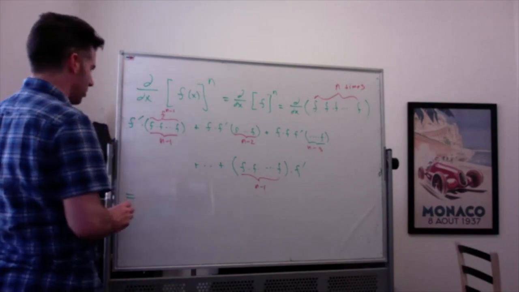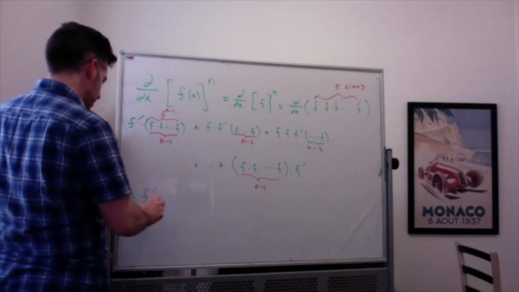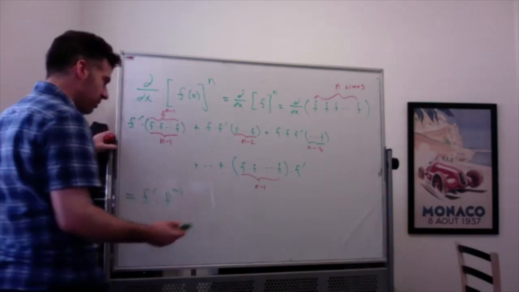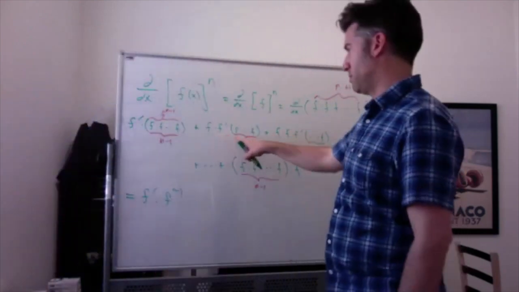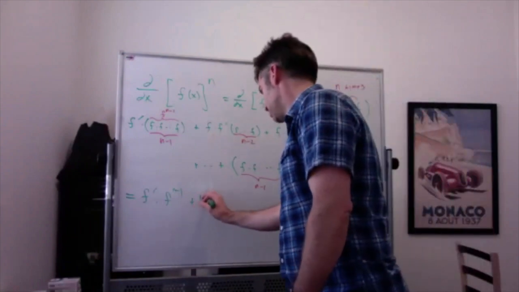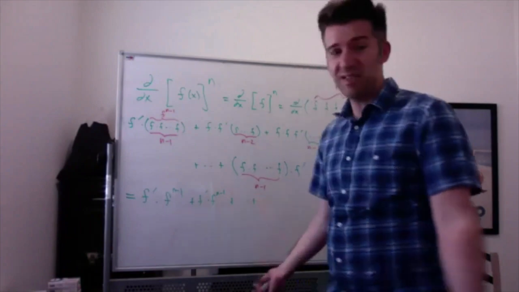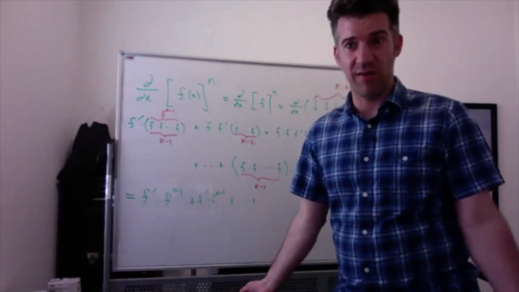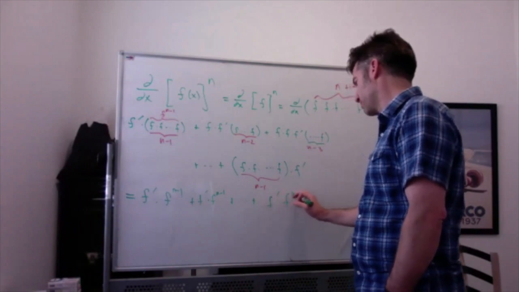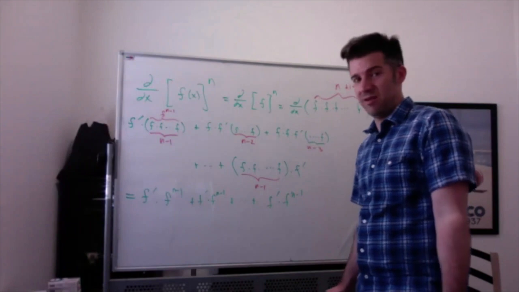So this is f prime times f to the n minus 1 power. And each of them is the same thing. They're all f prime times f to the n minus 1 power. And there's how many of them?